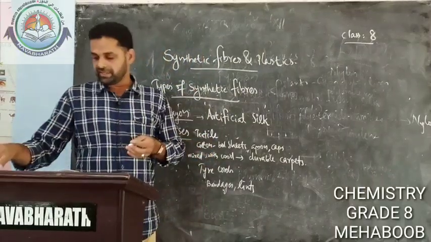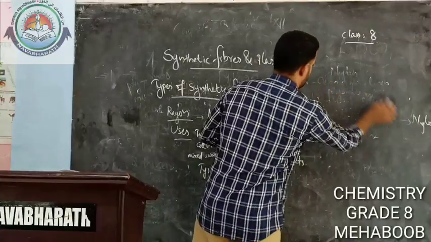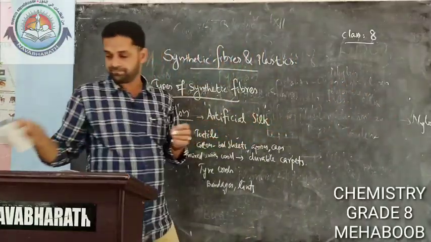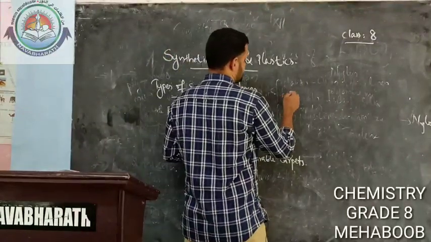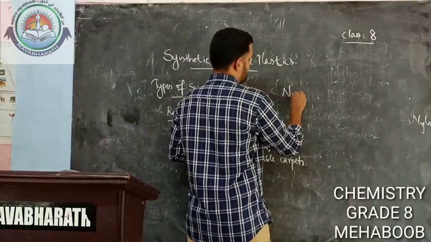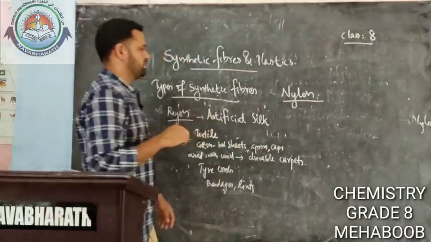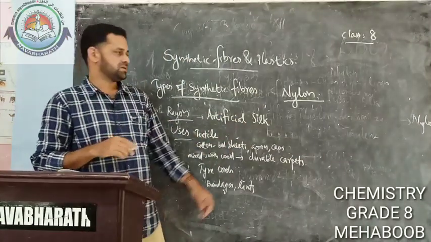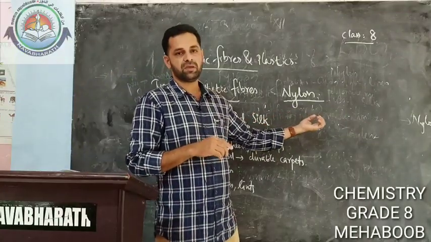Now we are going to discuss the next synthetic polymer, that is nylon. Nylon is known as the first artificial silk made by humans.